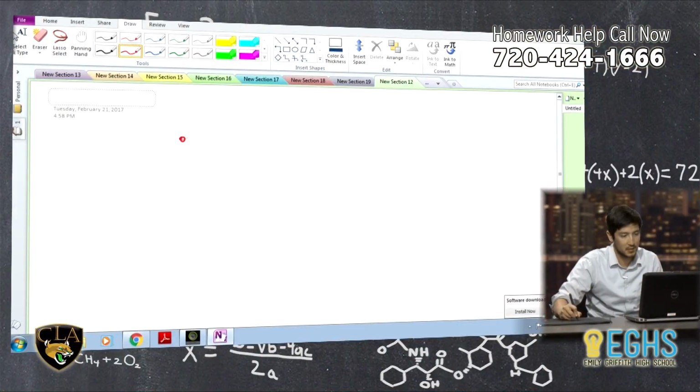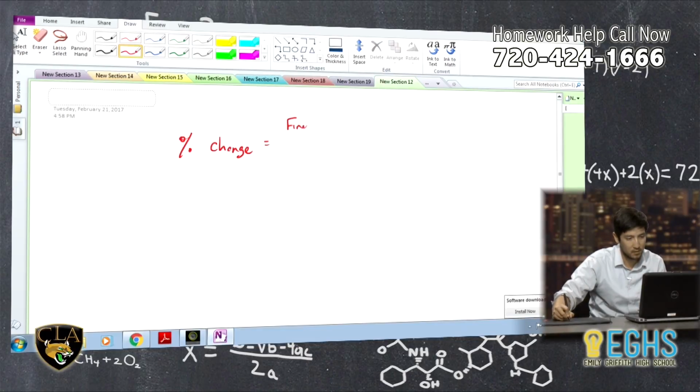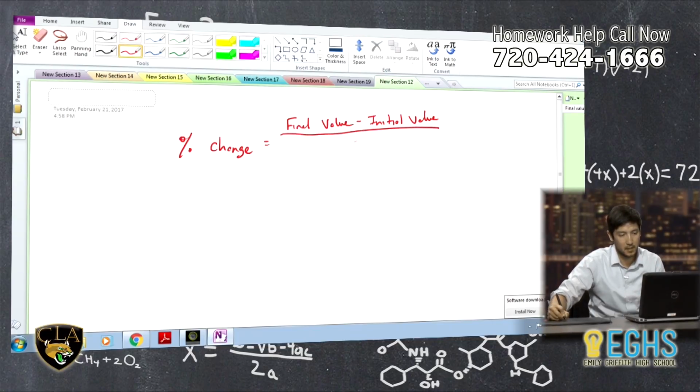So I think it's sometimes helpful for them to see it. Let me see if I can just do it really quick. You could put percent change, and again, this is the exact same thing that Becka did. I just write out the equation a little bit more. You can do final value minus initial value, and then you're always dividing by initial.